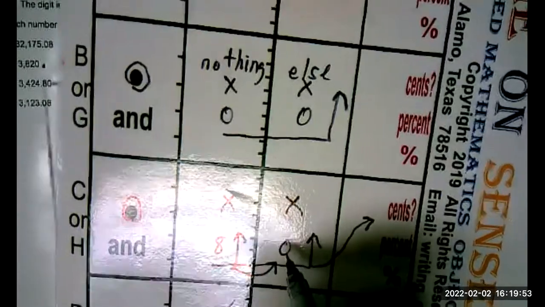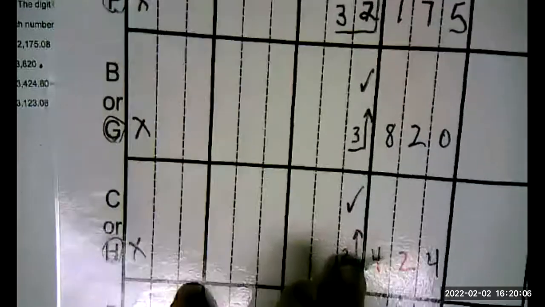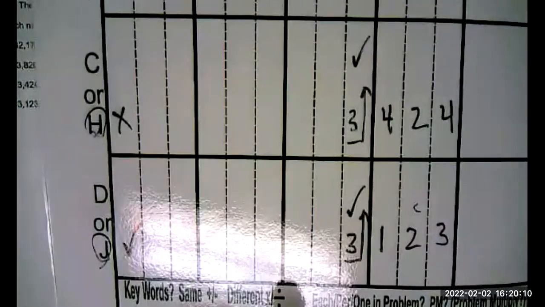Well, unfortunately, the 8 and the 0 are correct, but they're in the wrong positions. It was supposed to be 8 hundredths, not 80. So those two numbers are reversed. So we would place 2 X's there, eliminate H on our mathematics chart. That means that the only one that's left is J.